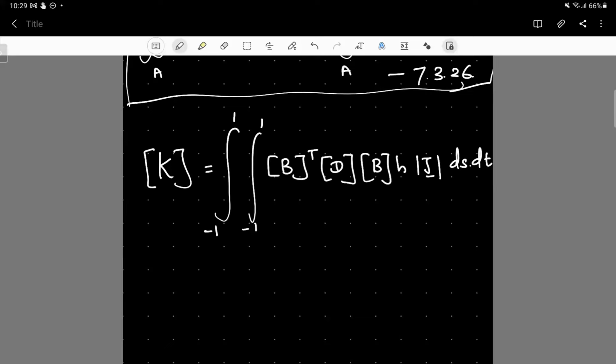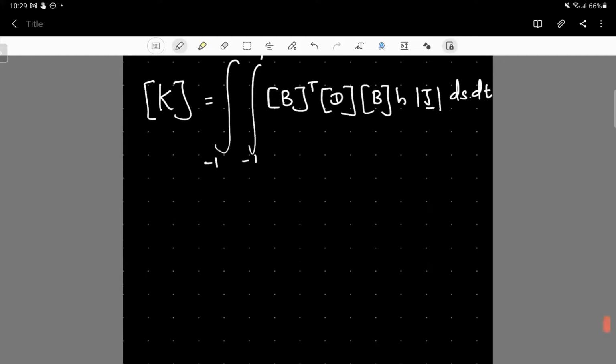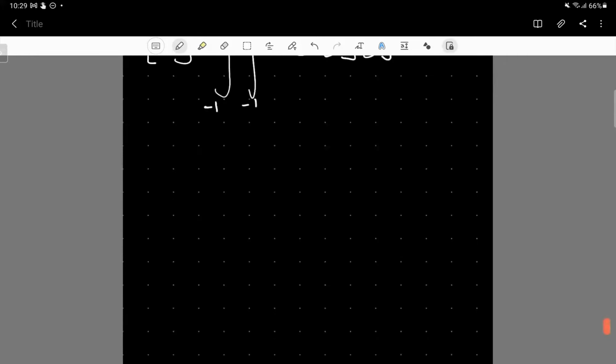Just before we go on to an example, to apply all these theories that we learned during the lesson, and before we move on to discuss the integration scheme, let's quickly find out how to evaluate the body forces for a given problem, because we already looked at it in the previous cases.